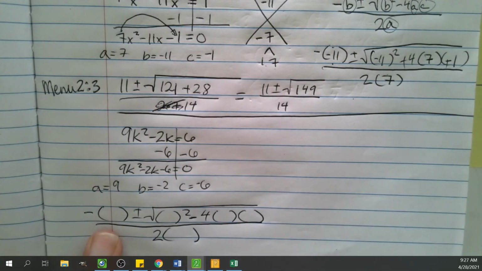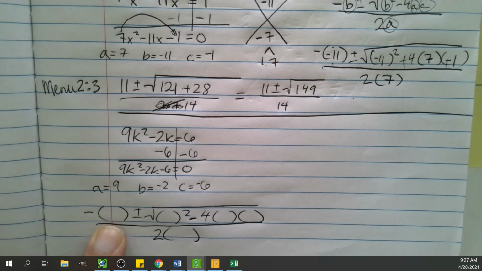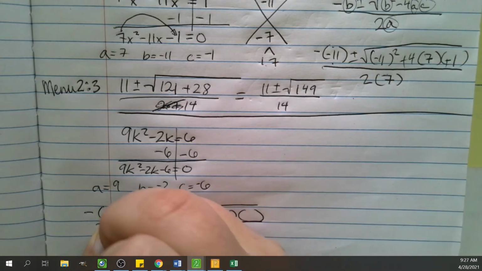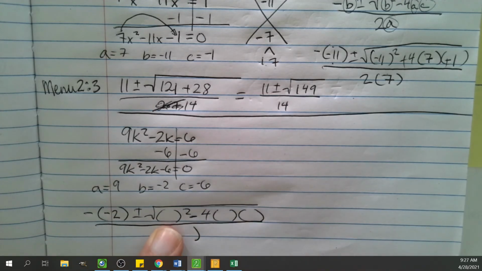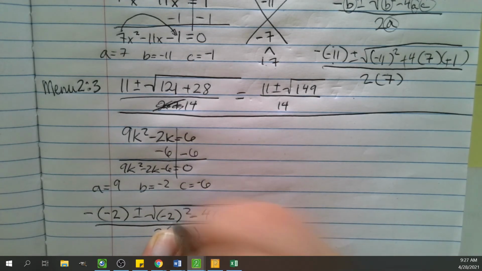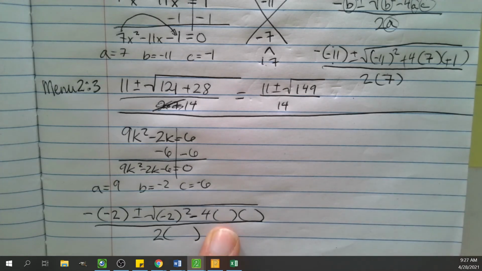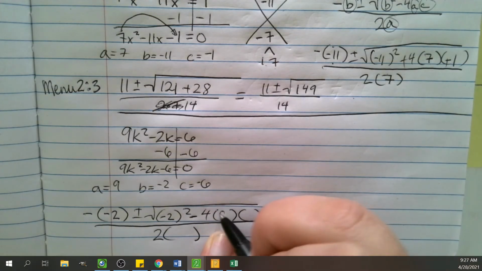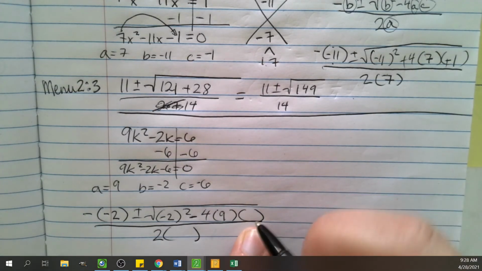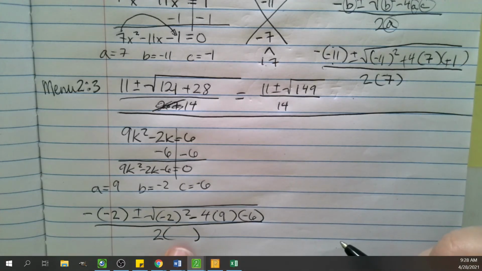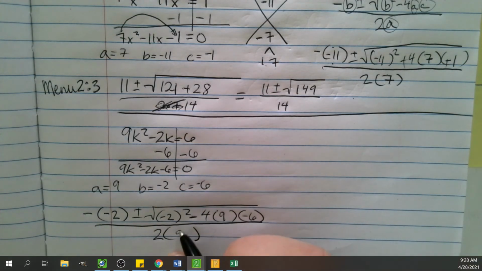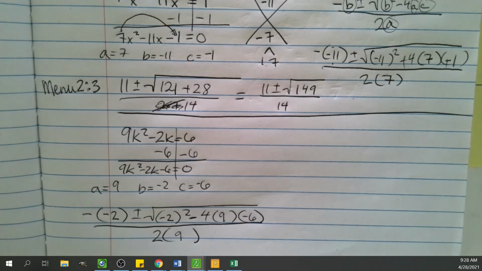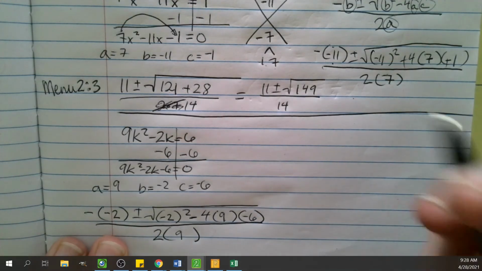Miss Haley, what goes here? What's my B? -2. Marvin, what goes here? Yep. Moses, what goes here? Good. Manny, what goes here? Good. Diego? Good. Adonai, negative times -2 is? 2.